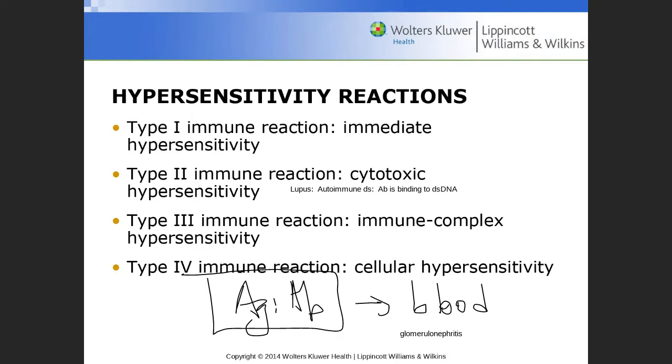So let's finish up with the different types of hypersensitivity, and then we'll take a 5-minute break. Okay, so this immunoglobulin should be quick, as I explained to you already.